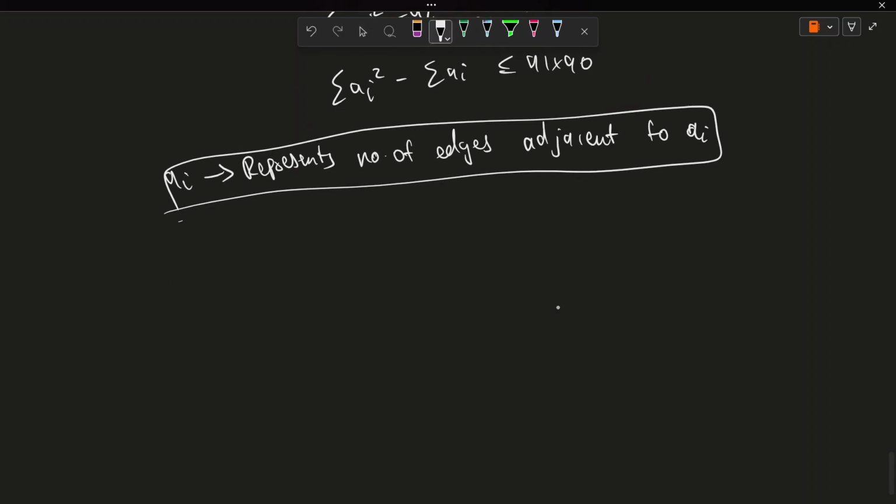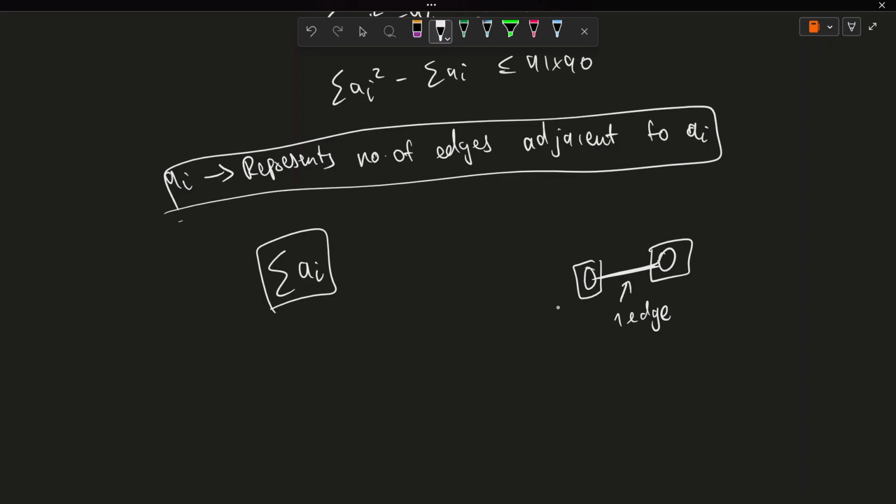But notice summation of ai. What does this represent? Summation of ai basically represents twice the number of edges, because one edge counts for this vertex once and this vertex once. So each edge increases this sum by 2.